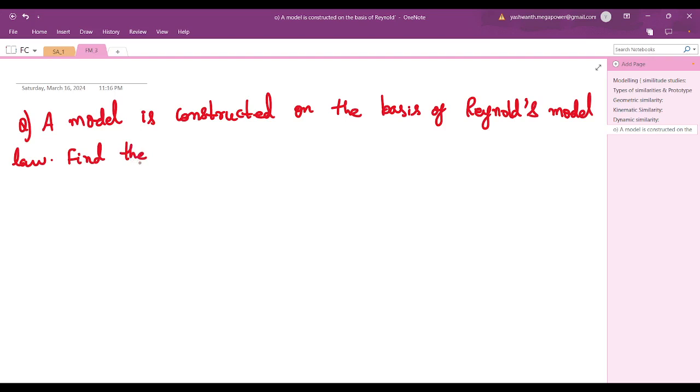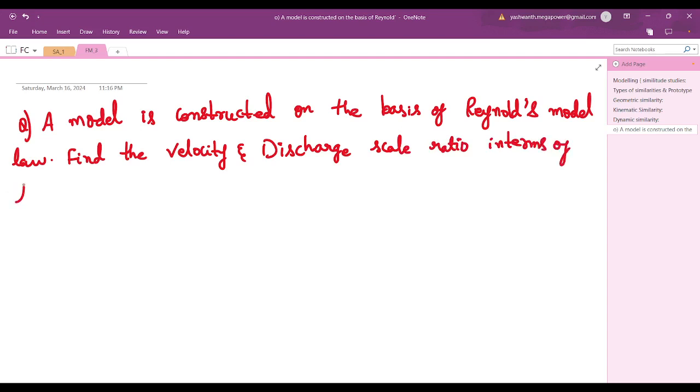Find the velocity and discharge scale ratio in terms of length and kinematic viscosity scale ratio.